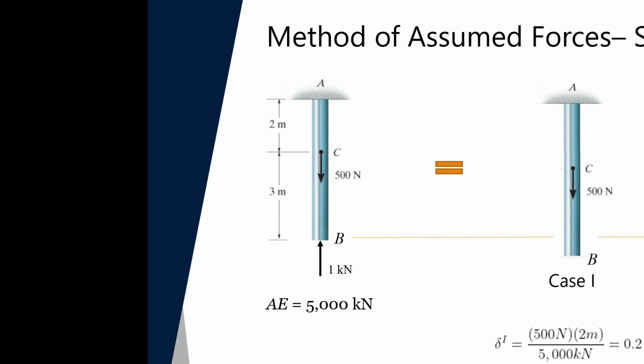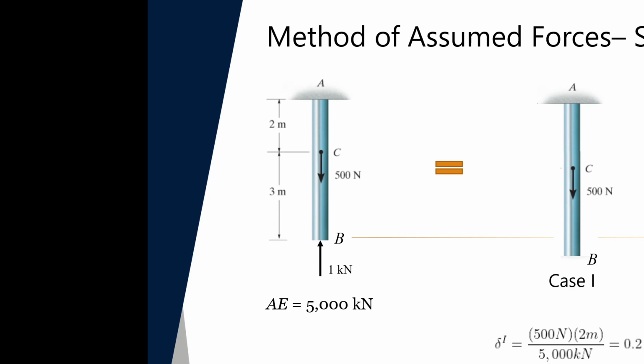So in other words, it actually compresses by 0.8 millimeters. So the 1 kilonewton force is too much. It's too much force. We need it to be less. Well, how much less? I want delta for case 2 to be 0.2 millimeters, or minus 0.2 millimeters.